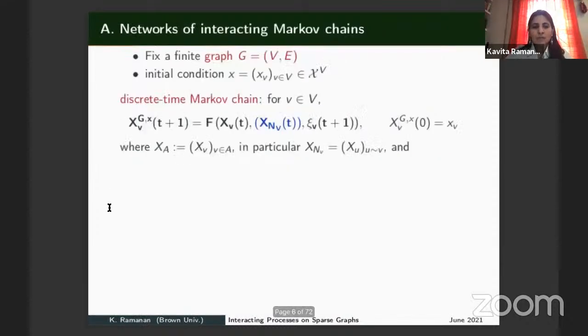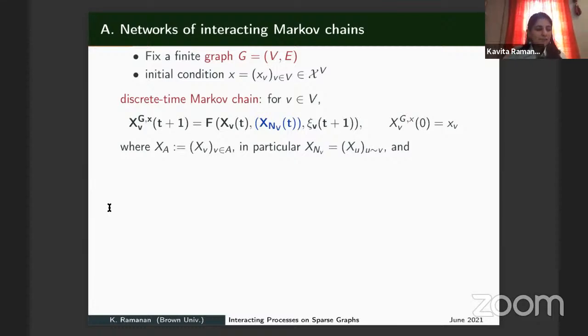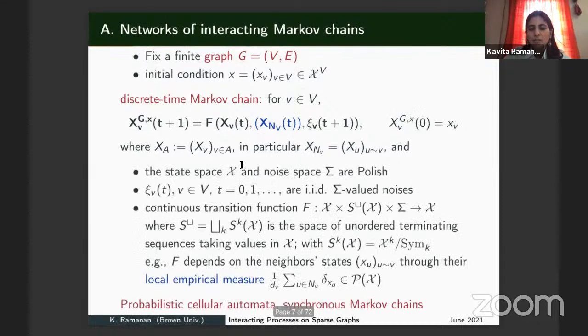So let's give a more concrete model. Okay, so I fix a finite graph, have some initial condition on the configuration space. My chi is going to be the state space. And then my discrete time Markov chain, which is often called a probabilistic cellular automata or synchronous Markov chain.